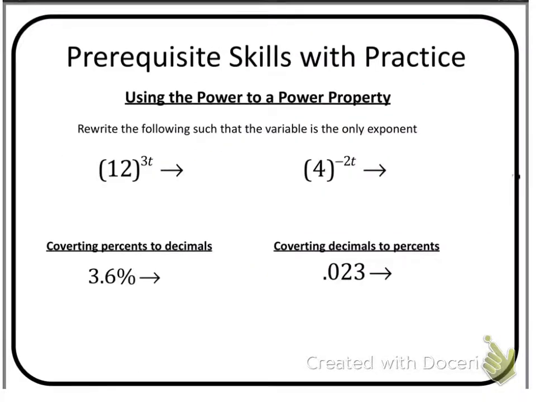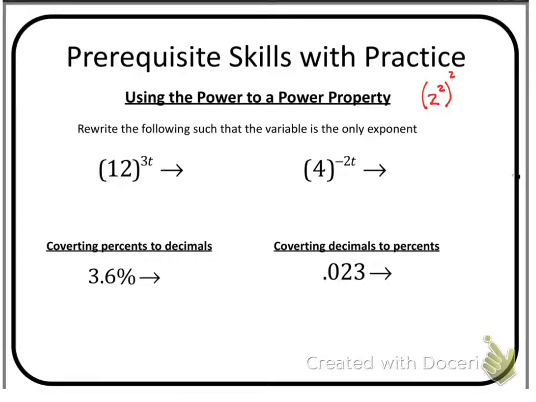Now prereq skills. This goes back to the very first lesson that we did, the exponential powers, and this is the power to power property. Let's review before we do these two. The power to power property was when we had 2 raised to a power raised to another power, let's say 2.